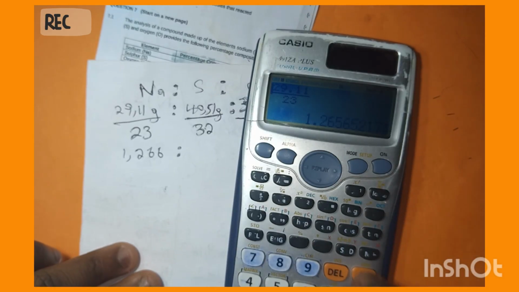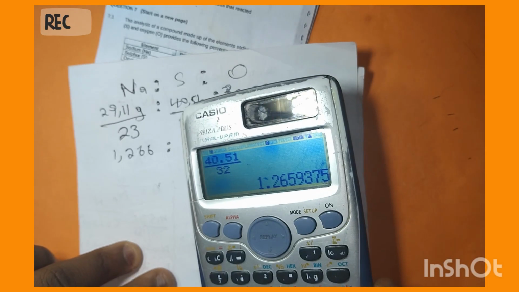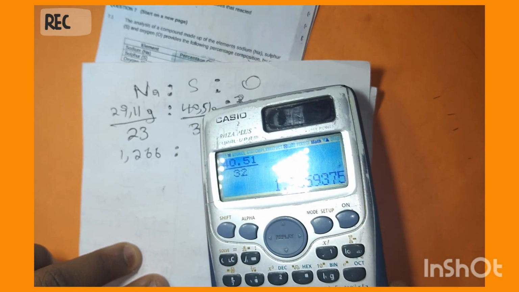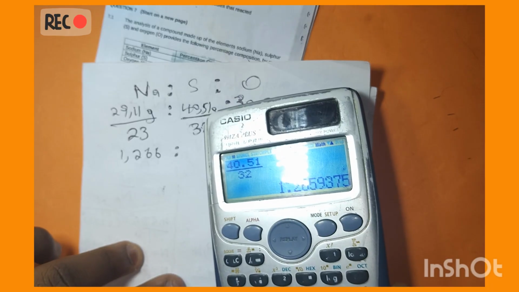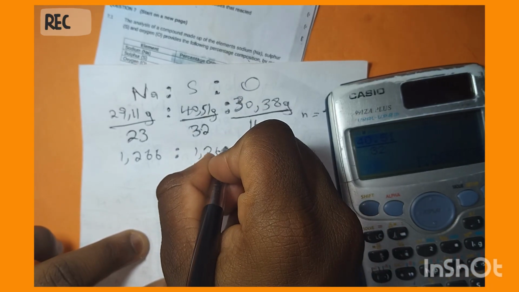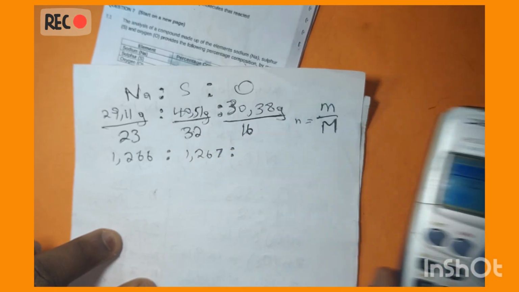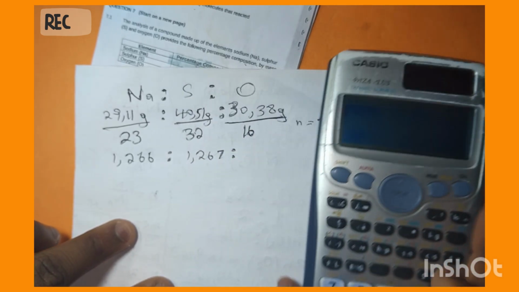Then you can calculate this one as well, 40.51 divided by 32. Round it off to 3 decimal places, which is 1.267.